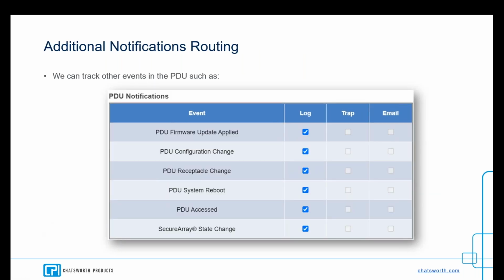Additionally, there are other events in the PDU that can be tracked besides thresholds. These are PDU firmware updates, configuration changes, receptacle changes, also the system reboot, if it's going to a reboot, if the PDU has been accessed, and also the secure array state change.